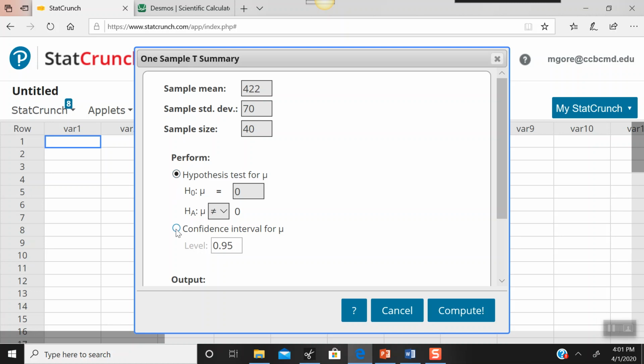Our aim is to do a confidence interval, so we need to click to perform a different task, which is a confidence interval. As you can see, the confidence level default setting is 95. You can change it to 99 or 93 if you wanted, but it's completely a box you can change. And then we'll hit compute.